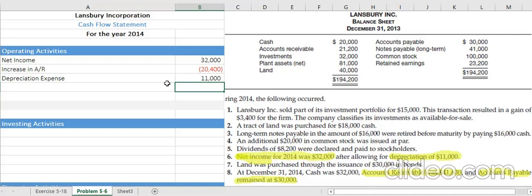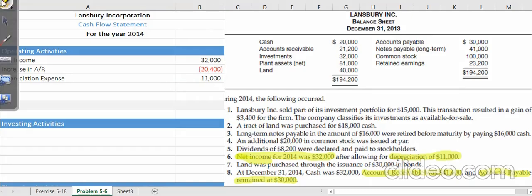Now let's see if we have any gains or losses, meaning non-operating gains or losses. Look at this information here. It says that the company has sold off its investment portfolio for $15,000. It means they had some investment portfolio.